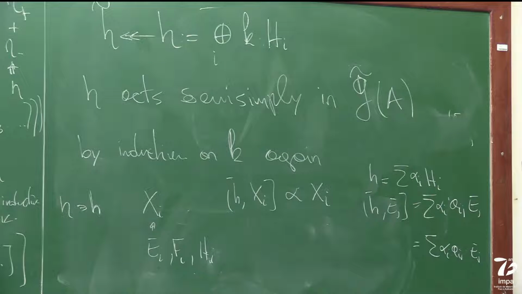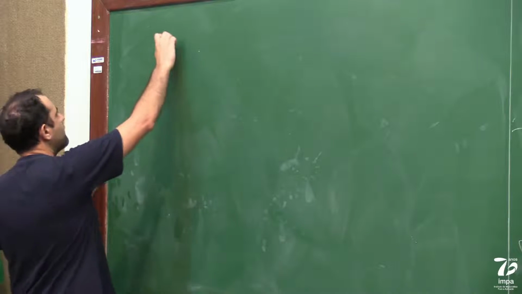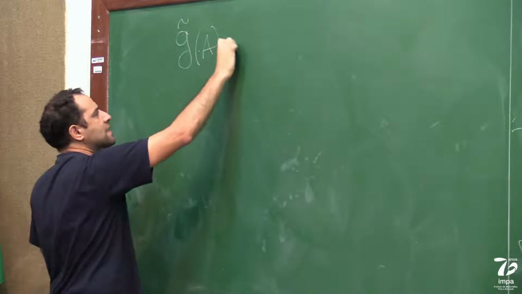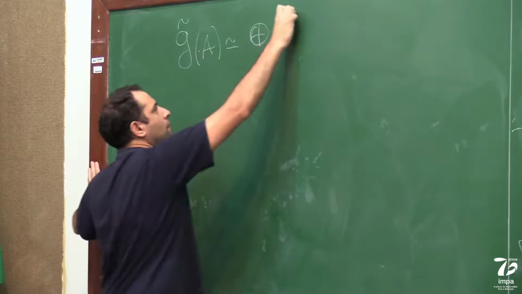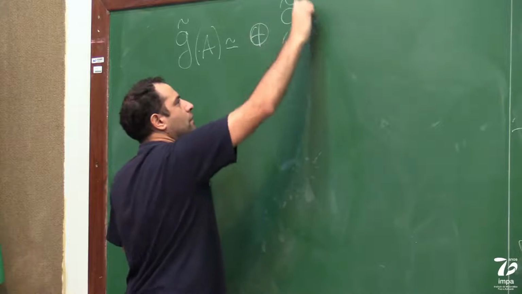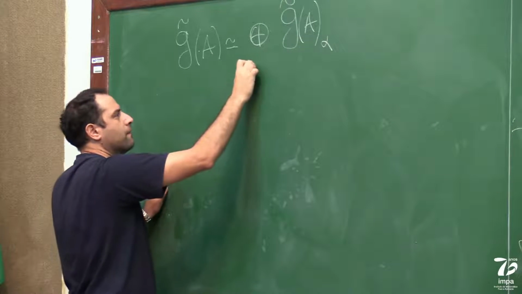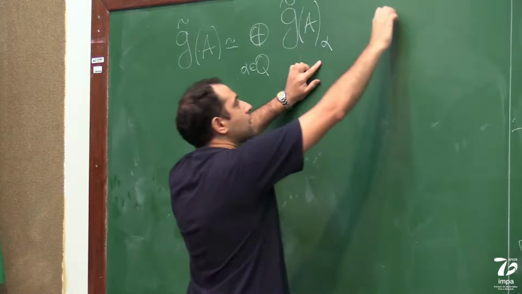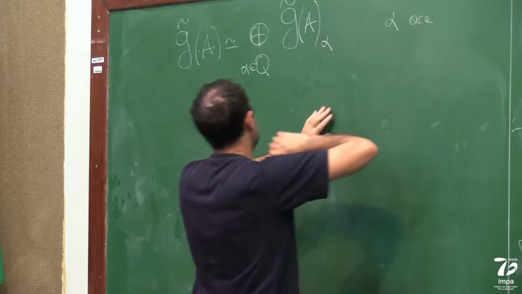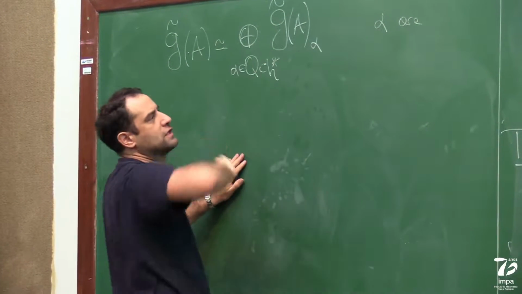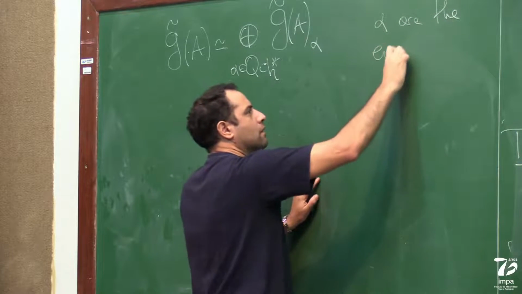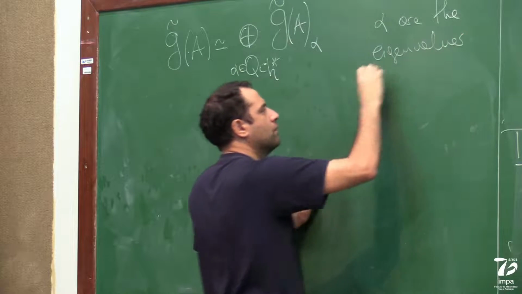It's just a minus sign. So that means that you have a decomposition of this G tilde A decomposes as an H module. Alpha is in some set. And these alphas are the eigenvalues. So, and this set is by linear functionals in H are the possible eigenvalues of the H action.